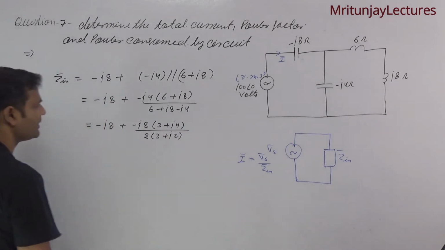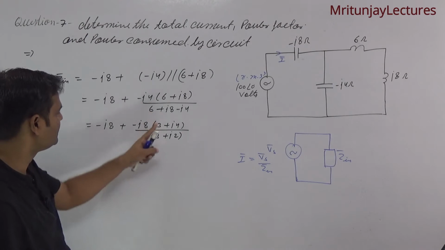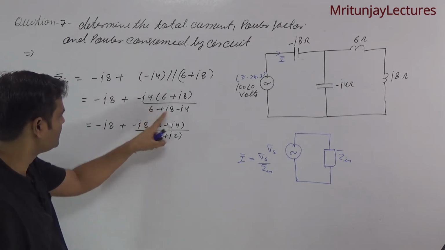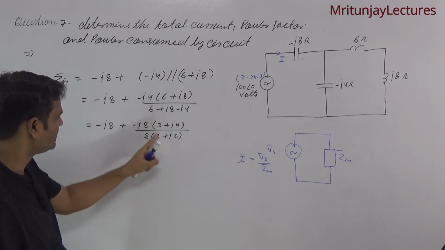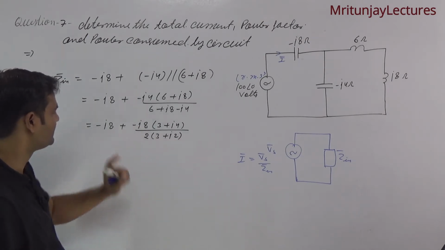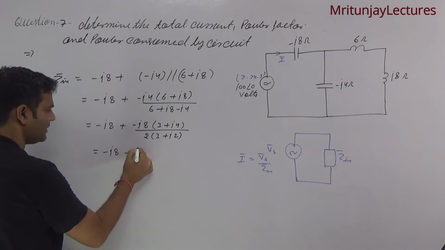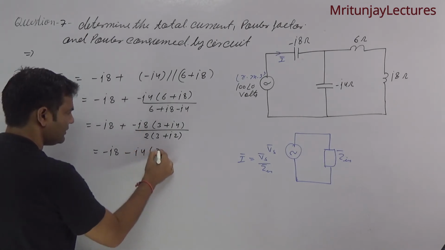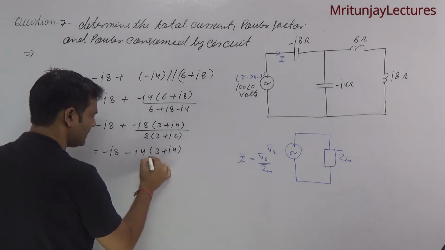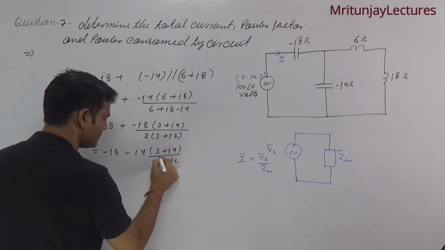Clear? Very simple. If common 3, then 3 plus J4, and if common is 2, then 3 plus 2J. Clear? Now after that, minus J8 minus J4, 3 plus J4 divided by 3 plus J2.